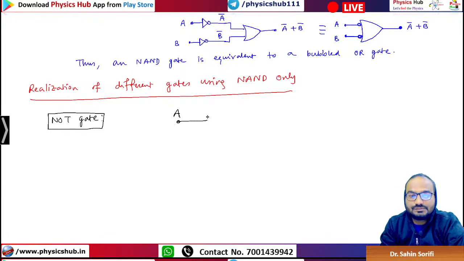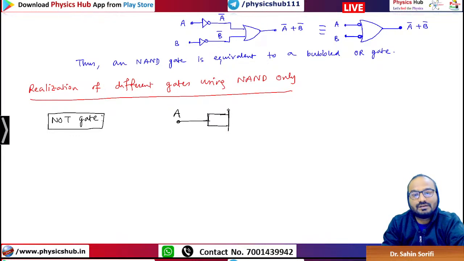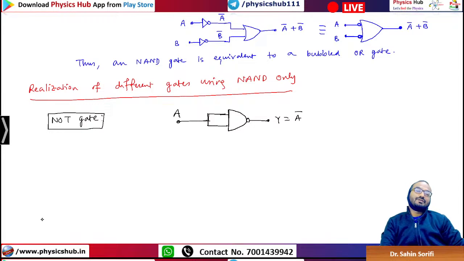So what you can do is make 2 inputs using this A and A, then connect them to a NAND gate. So A into A is A, and the complement gives A complement. So your Y will become A complement. This is how you can get a NOT gate using NAND gate only.